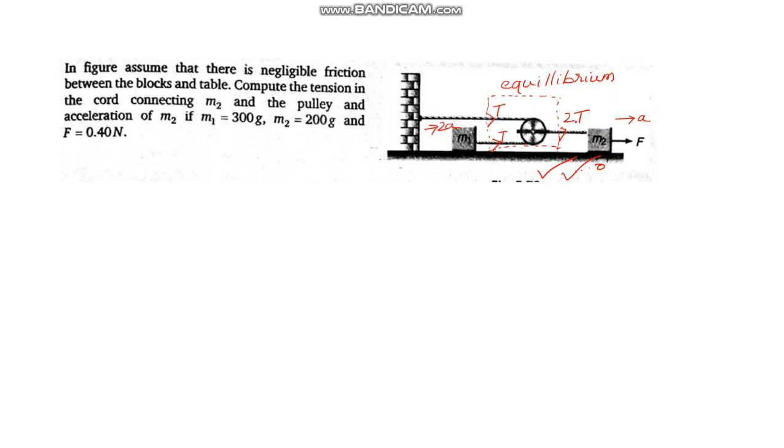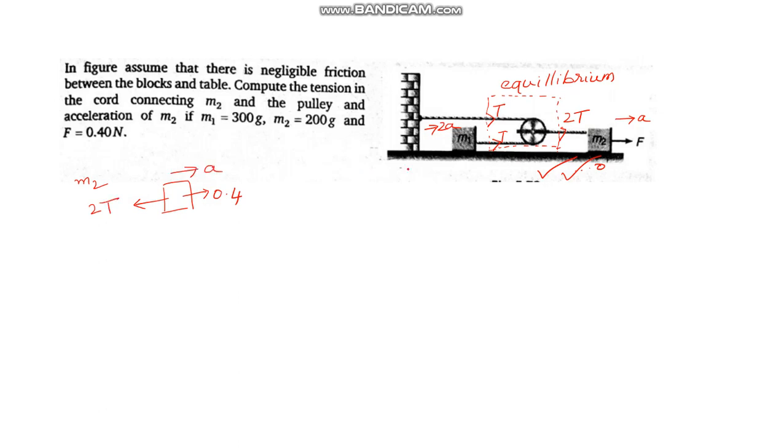Less resisting force, more acceleration, in simple words. So you have to draw the free body diagram. For M2, you have a block, there is a force of 0.4 Newton applied here, 2T force is applied in this direction and the block is moving with acceleration A.